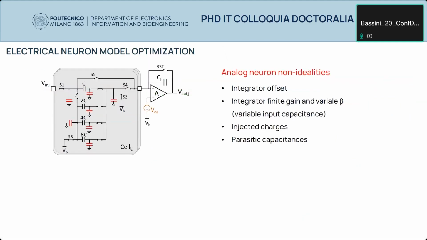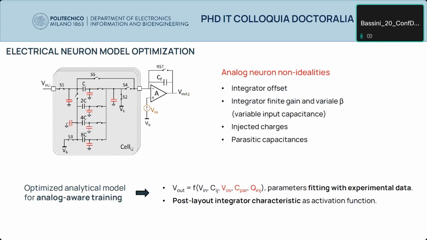So in order to better match the network running on PC and its analog implementation, we developed an analytical model of the electrical neuron for an analog-aware training. The model includes the principal analog non-idealities that were fitted with experimental data, and it also includes a post-layout integrator characteristic that implements the activation function instead of using an ideal ReLU function.